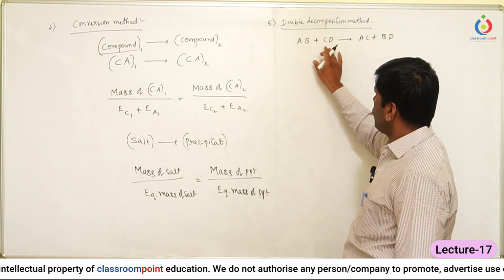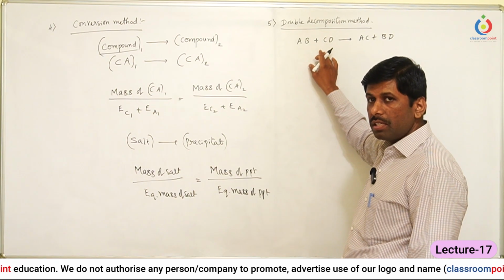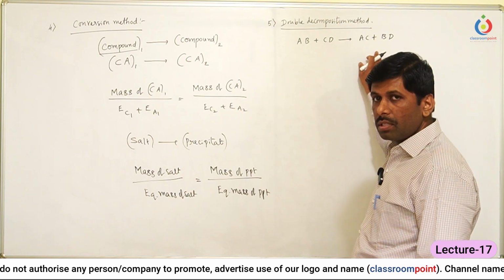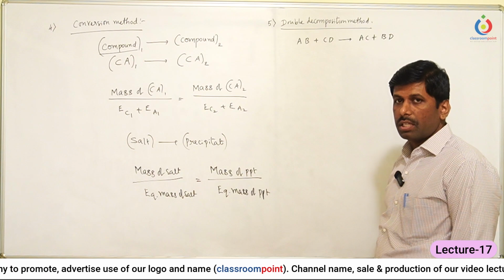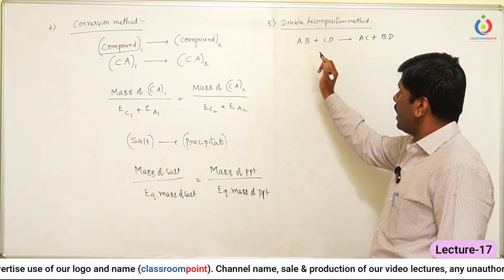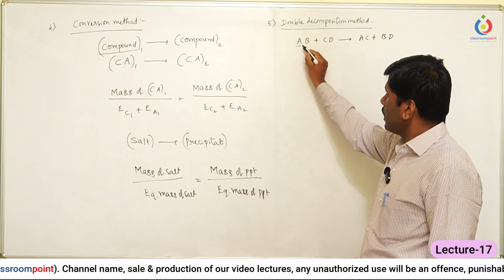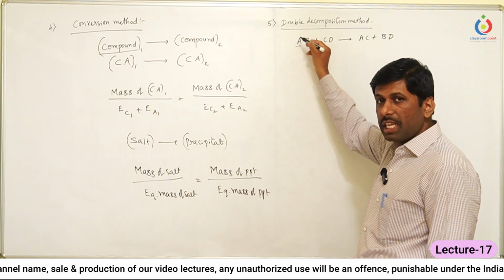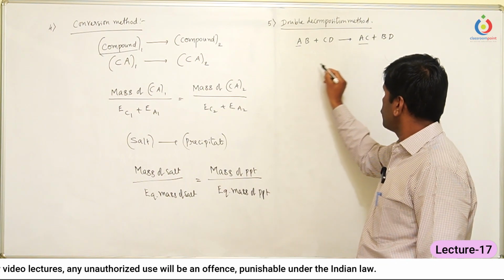Means two compounds with different radicals react with each other and produce two or more products. Here again different combinations of radicals are there. If they ask the equivalent mass of A, then you have to take the reactant which has A as well as the product which has A.